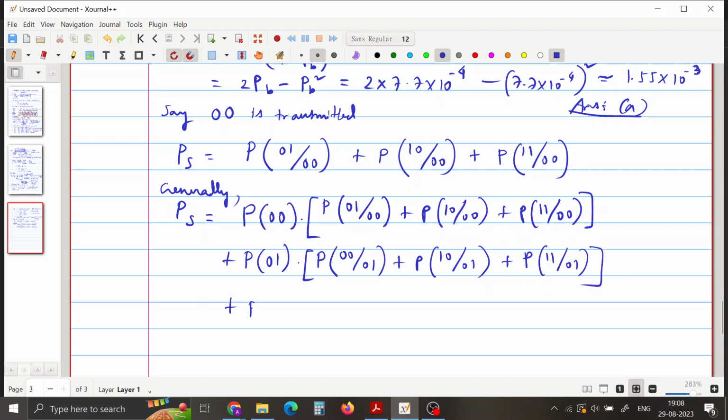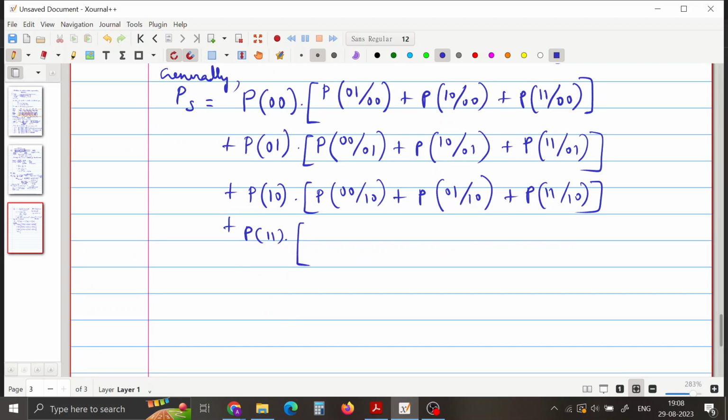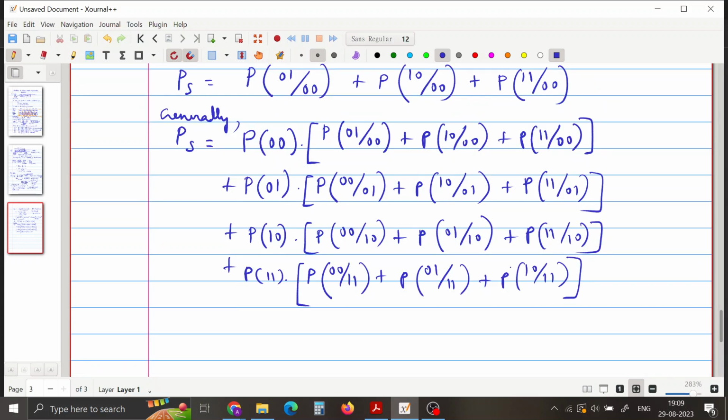Third case could be you transmit 1 0. The cases of error could be 1 0 goes to 0 0, 1 0 goes to 0 1, and 1 0 goes to 1 1. And finally the last case is you transmit 1 1: 1 1 goes to 0 0, 1 1 goes to 0 1, and 1 1 goes to 1 0.